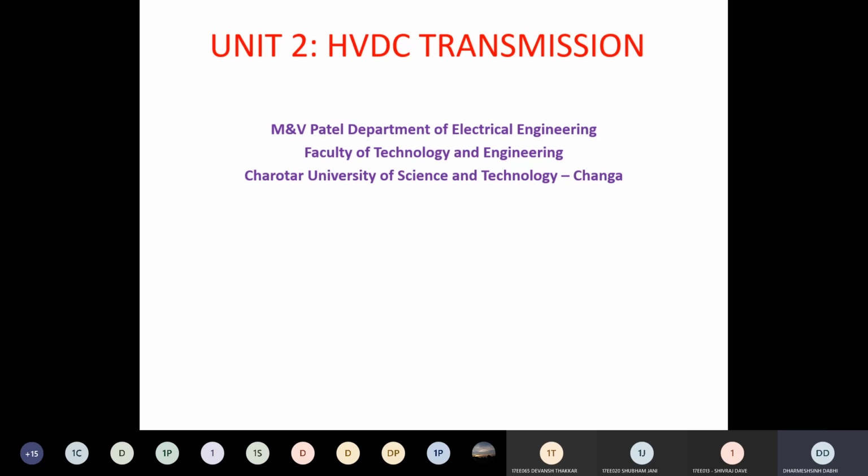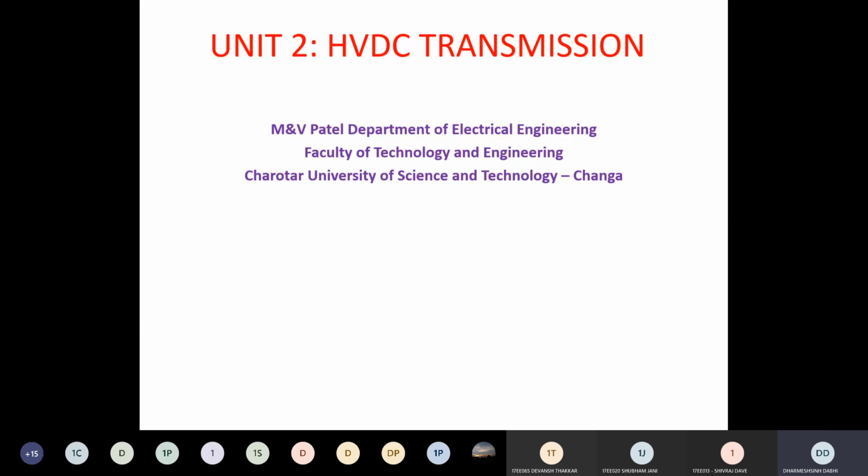But again, HVDC is economical only up to certain limits. For a certain kilometer length, an HVDC line is not economical as compared to HVAC. We will study in this chapter the critical distance up to which HVAC is economical, and after what length in kilometers HVDC is economical. Clear?